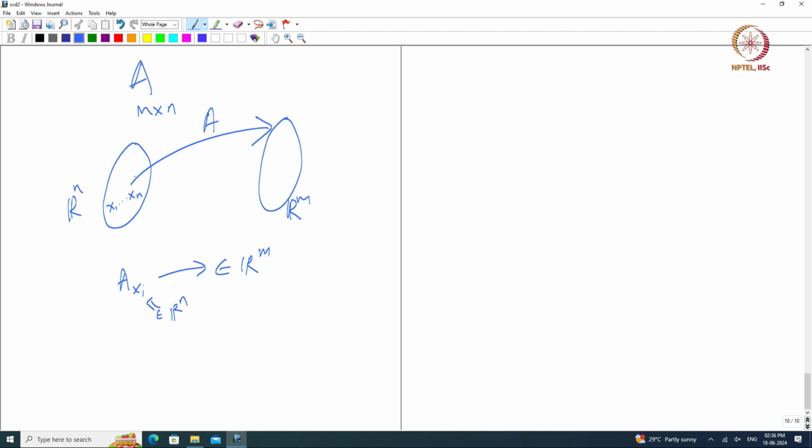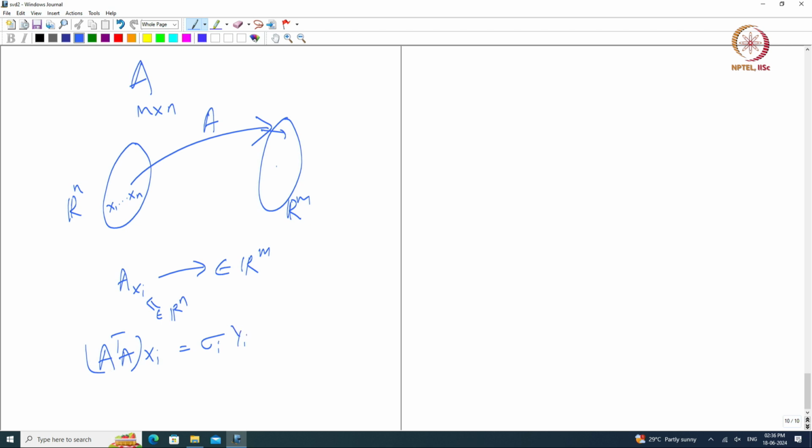So, the action of A takes vectors in Rn to Rm. Suppose you have a singular vector, A transpose A xi will be sigma i squared xi.